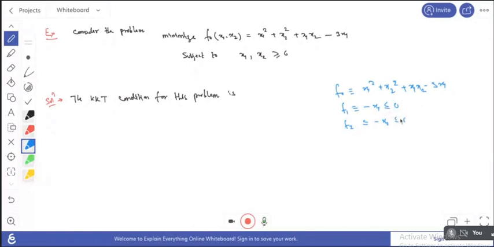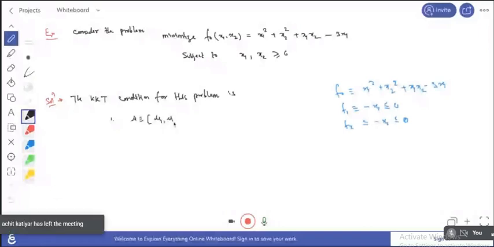So what is the KKT condition? The first condition is this is mu, and here this is x1 x2. That's why your mu is basically mu1 and mu2. This will belong to R2. Okay, so this transpose is greater or equal to 0.